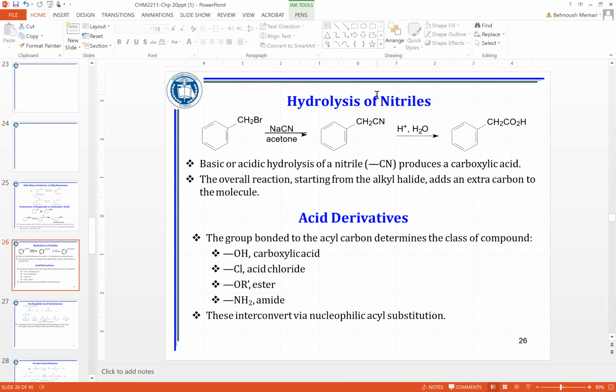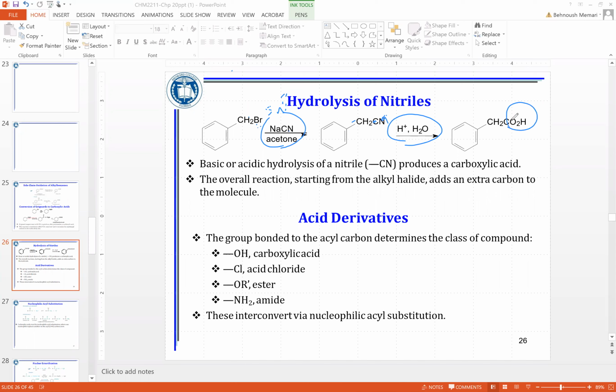Hydrolysis of nitriles, we talked about hydrolysis of nitriles already. So if you have an alkyl halide, you can do substitution reactions, SN2 type reaction, and CN can replace the leaving group of Br. It adds one carbon. When you do hydrolysis, nitrogen would leave, but the carbon from the CN triple bond would change to COOH.